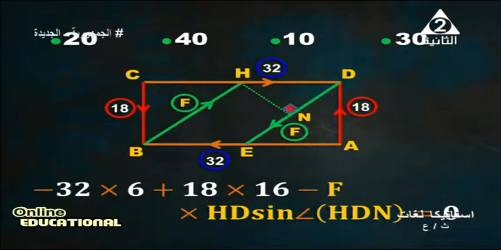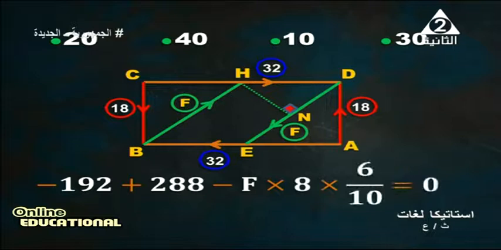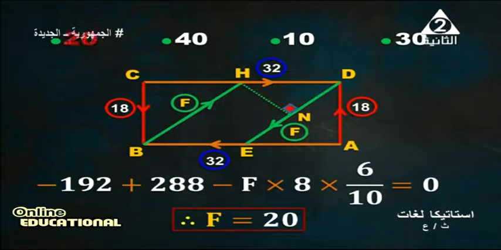Remember, my dear student, EA equals 8. Therefore, E is a midpoint, also H is a midpoint. Therefore, by using substitution to calculate the force F, in this case F equals 20 Newton.